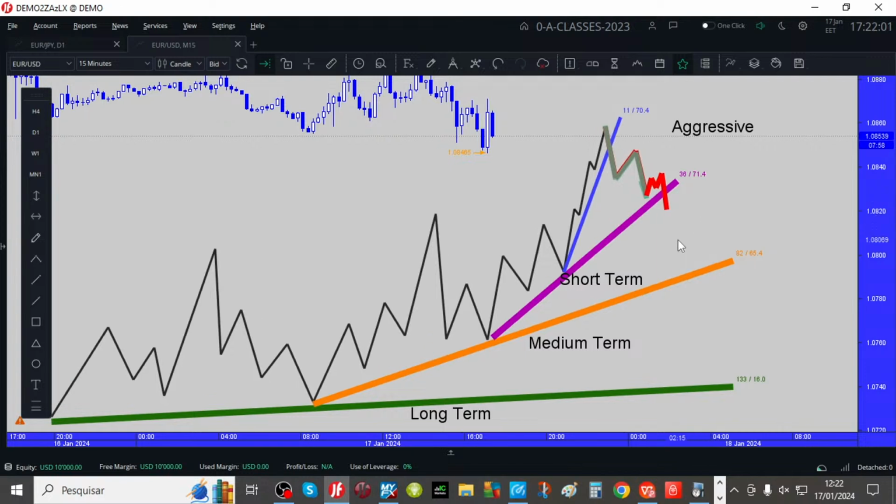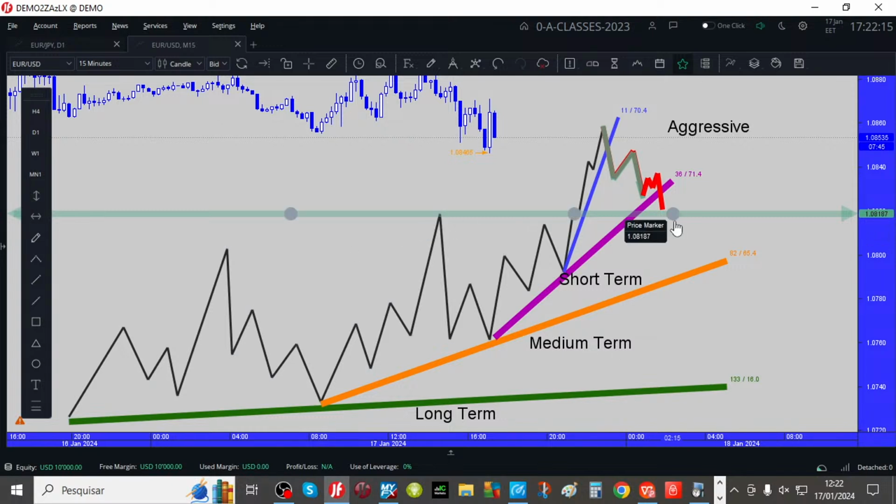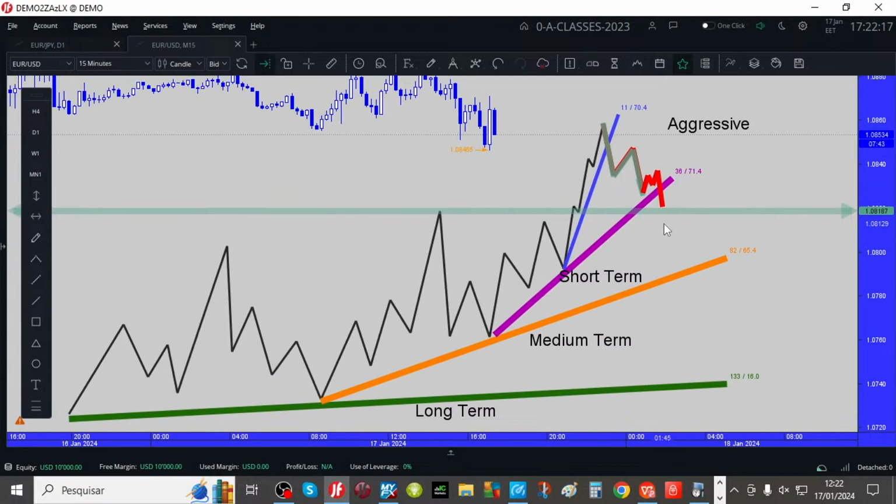Boss, why are you tricking us? For you to learn. Well, let me tell you how. So what if I put a pivot point? Can you see it, everybody?